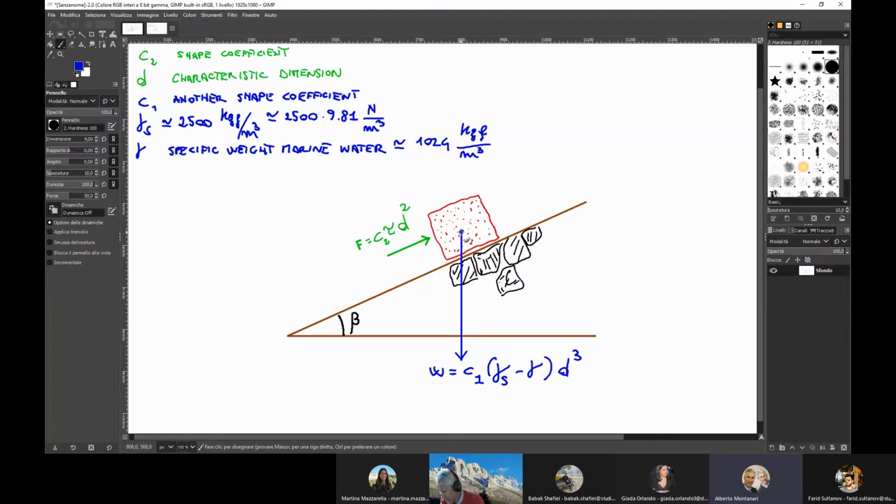One component is parallel to the side of the groin here. Good. And the other component is perpendicular to the side of the groin. Good. Now let's compute these two components.